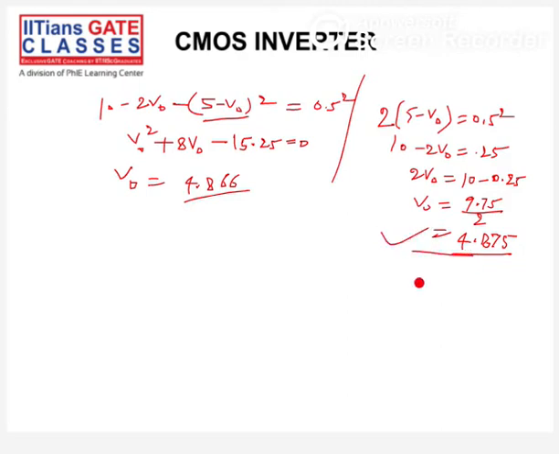But in most of the questions, sometimes they ask to write the answer up to 3 decimal points. So your answer will be this one, because there is a little difference between this and this: the last 2 decimal points are changed. So that is why we need to take this one.